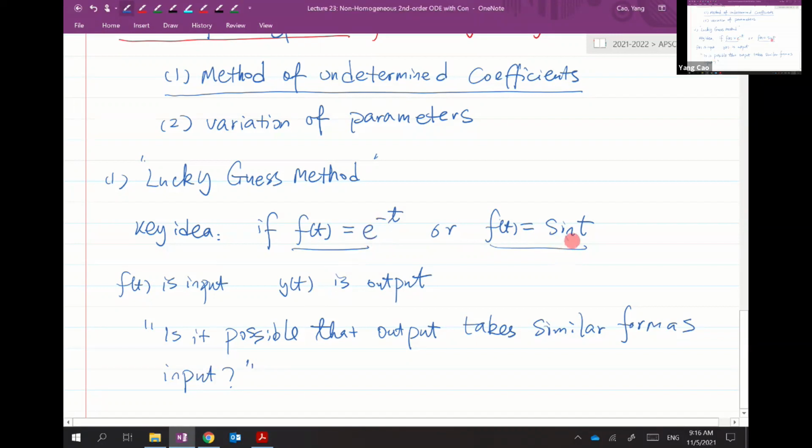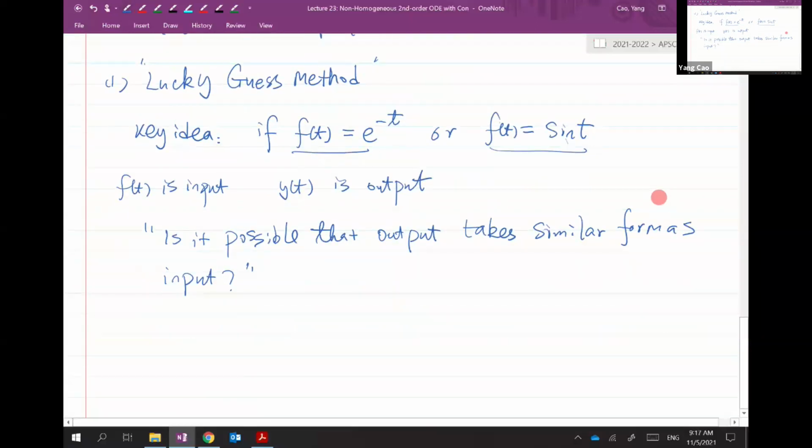Of course, it may not be exactly sin t or e to the power negative t. For example, if it's sinusoidal, the output may become a different amplitude and a different phase, but probably still keep the same frequency. So that's the key idea.